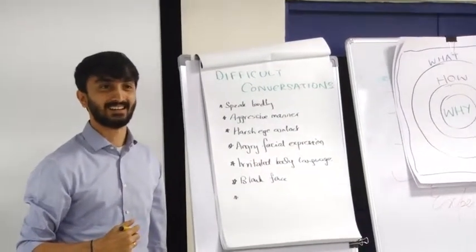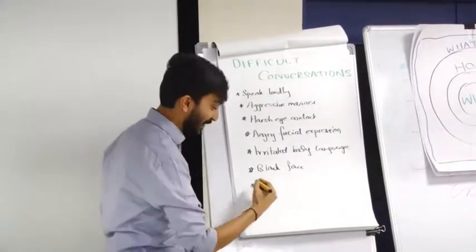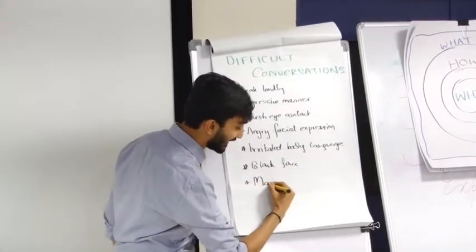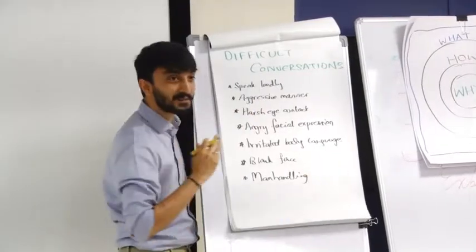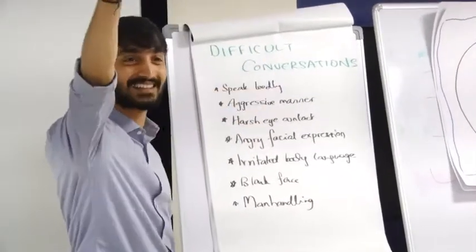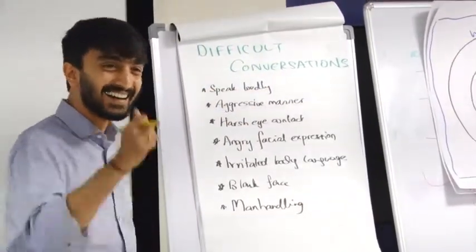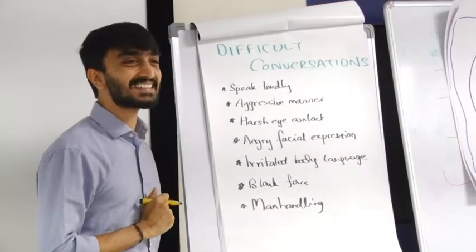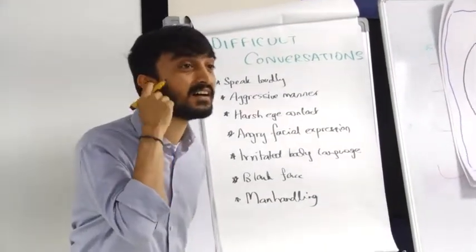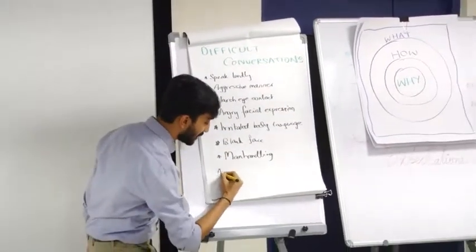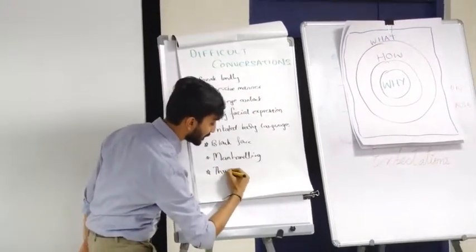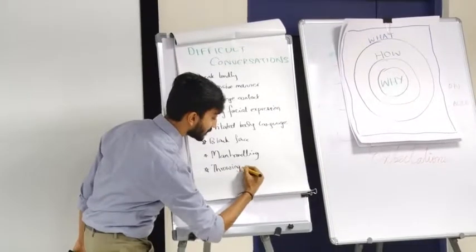Any manhandling issues. Okay, manhandling. I don't want to get in a conflict with you. Who said that? Okay, yeah. Anything else? Throwing something. Yeah, nice, very nice. Throwing objects. It happened once to me.